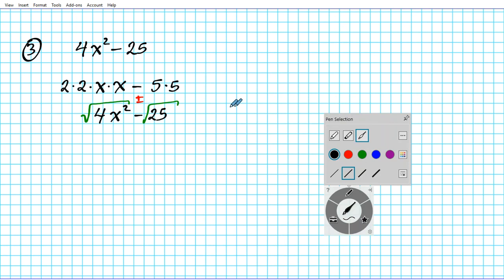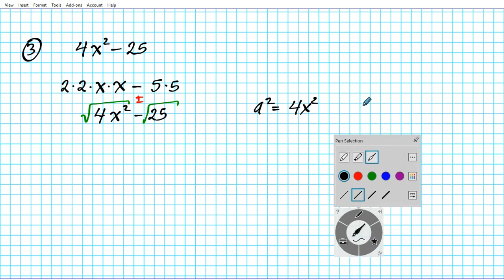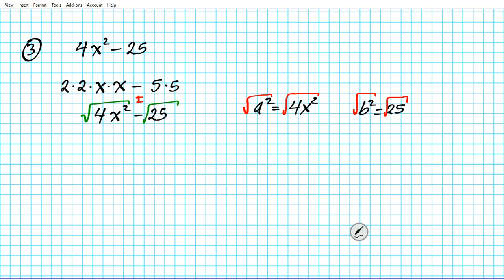Okay? So in this setup, a squared is equal to 4x squared, and b squared is equal to 25. So what we're doing is taking the square roots. And then we're going to have the result that a is 4x. No, it's not 4x. A is 2x.